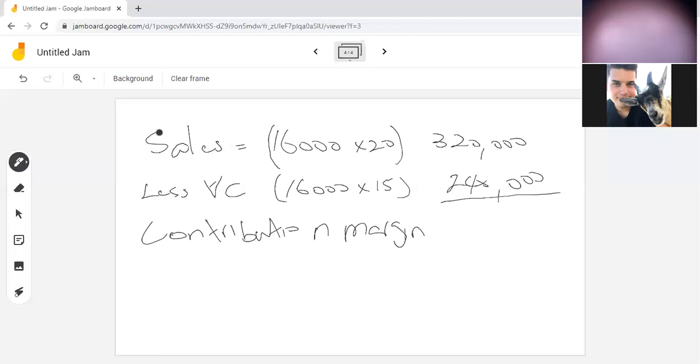And our contribution margin would therefore be 80,000, which means that our fixed cost would be the same as our contribution margin, and hence break even profit would be 0.